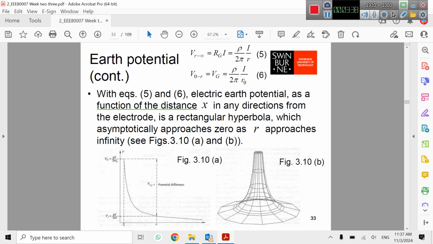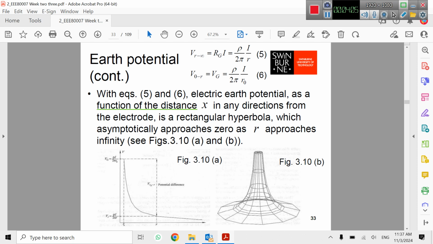But you have to consider that by increasing the distance from the electrode, the voltage drops, because as we mentioned before, if we go away from the electrode surface connecting to the ground, the ground resistance reduces significantly.